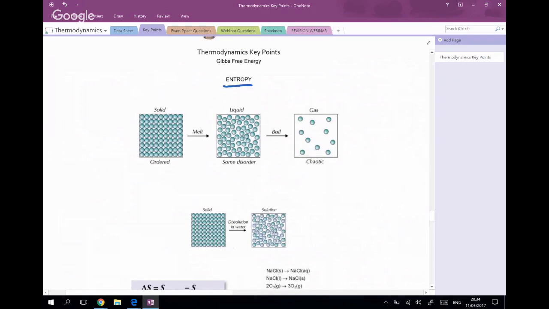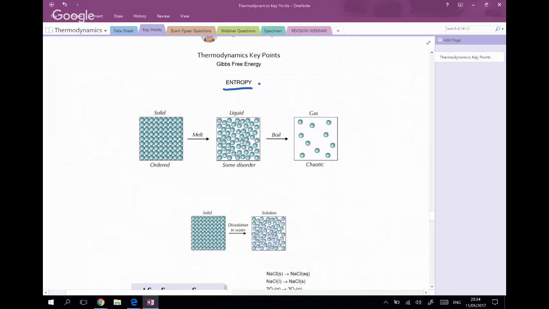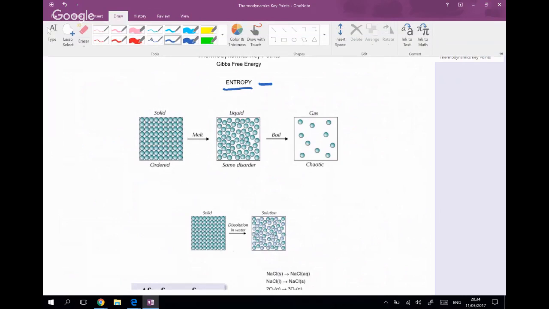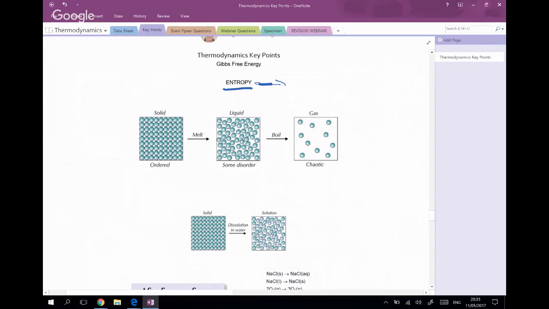So we're looking at entropy, and essentially, certainly at this level, entropy is a measure of the disorder of a system. A couple of important things here.